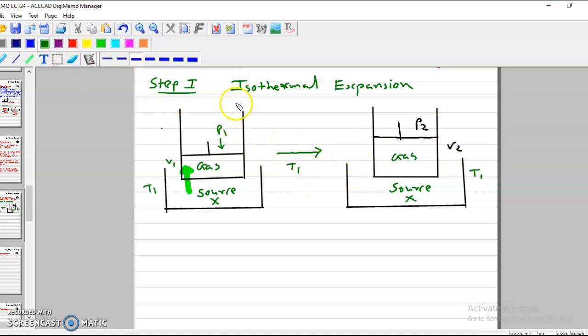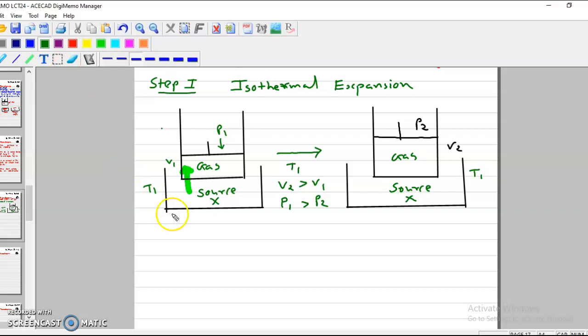So it is called isothermal expansion. It is known as isothermal expansion because temperature remains constant, but remember V2 is greater than V1 and P1 is greater than P2. That means pressure decreases, volume increases at constant temperature.